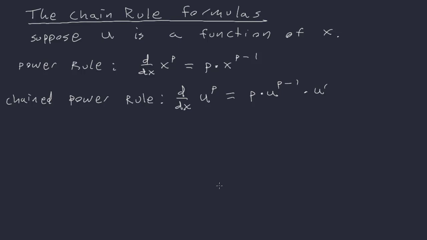In fact, all of our rules are going to be exactly the same. We just have to multiply by u prime. So they'll be the same with x as they are with u, except with u, since we're not differentiating by the same variable, we just need to throw in a u prime. So for example, the chained exponential rule, the derivative with respect to x of e to the u is going to be just itself times u prime.